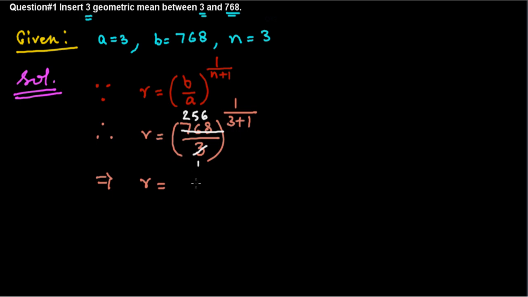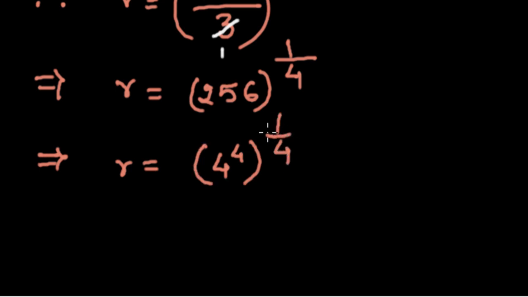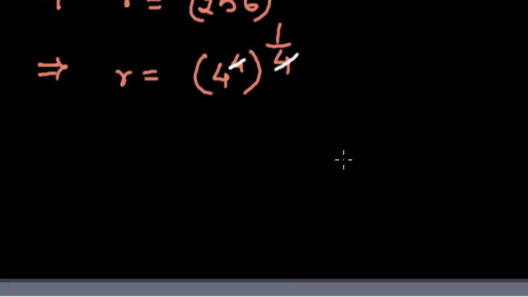So R is equal to 256 whole power 1 by 4. Here 4 power 4 is equal to 256, so both powers eliminate, and we get R is equal to 4.